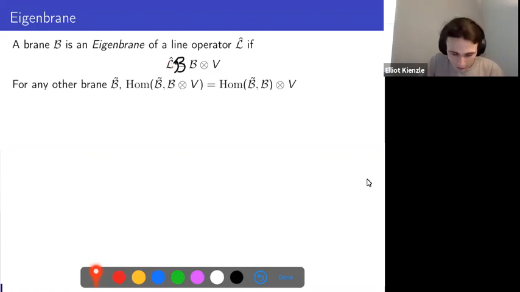Well, the abstract definition is basically, given any other brane, if I look at the homomorphisms, or equivalently, you can think of it as the Hilbert space of strings between these guys, homomorphisms from B tilde to B tensor V, this is a vector space, and this vector space is equal to the vector space of homomorphisms from B tilde to B, and then tensor V.